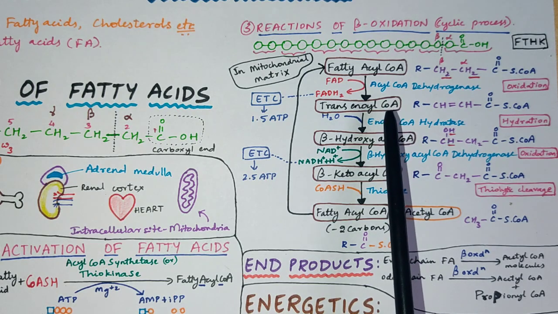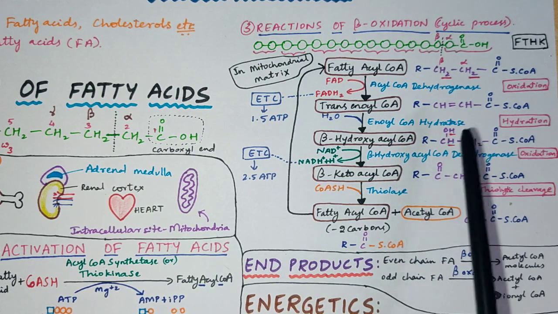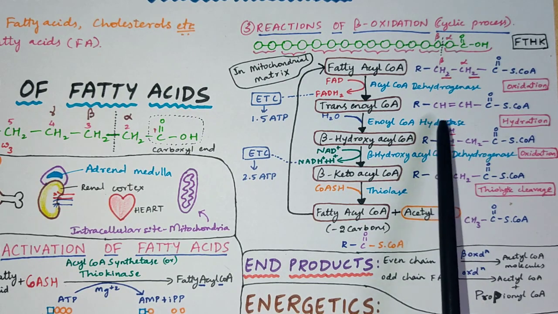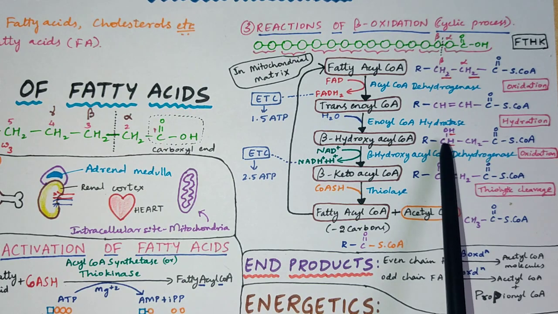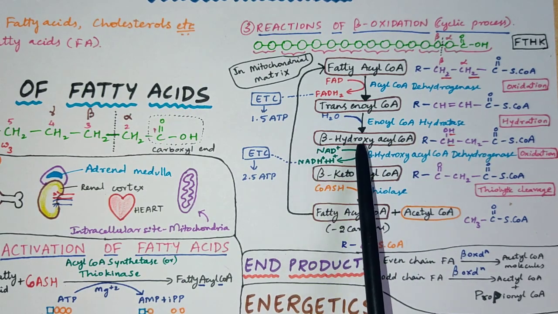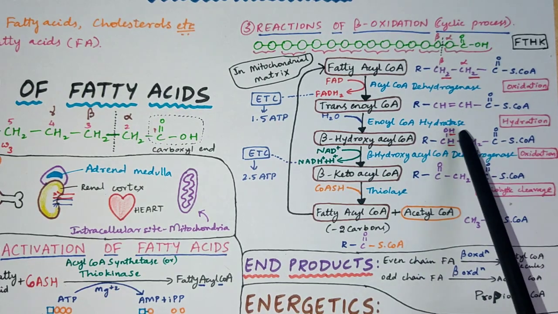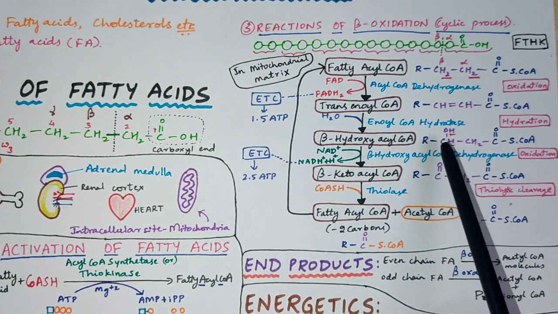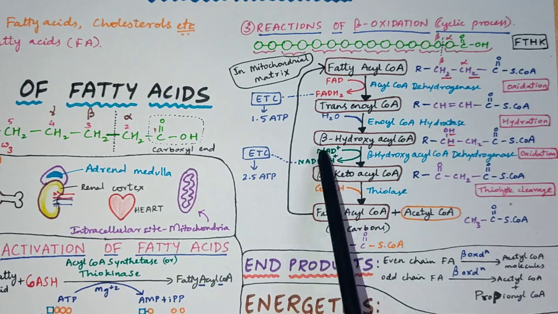Then what we do is we give some water to this compound. What happens then? As I said, there is formation of a hydroxy group here at the beta carbon, hence the name beta hydroxy acyl-CoA. What happens next? We'll again remove two hydrogens from the beta carbon. Where do these two hydrogens go? These go to NAD+.